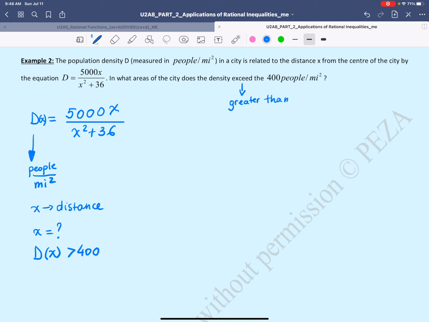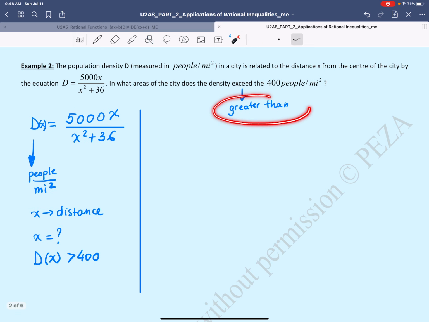So I would now take another look at the information that I've organized, and I will put it into this statement so that I can create my equation, or inequality in this case. Since I'm asked to find the distance when density is bigger than 400, I will rewrite this one more time.